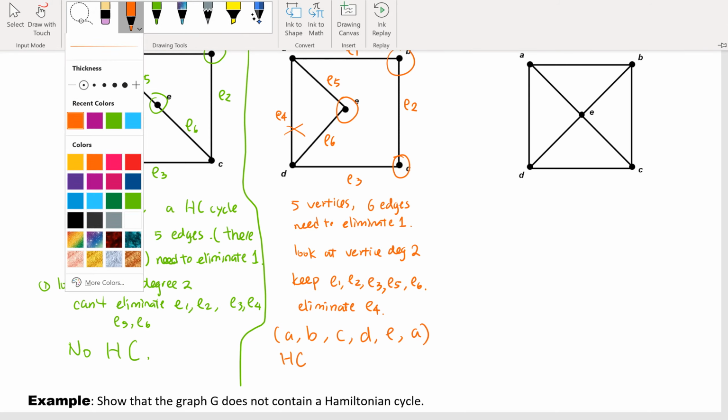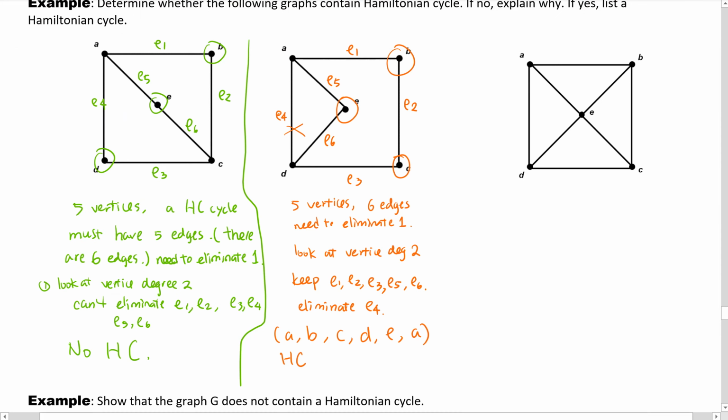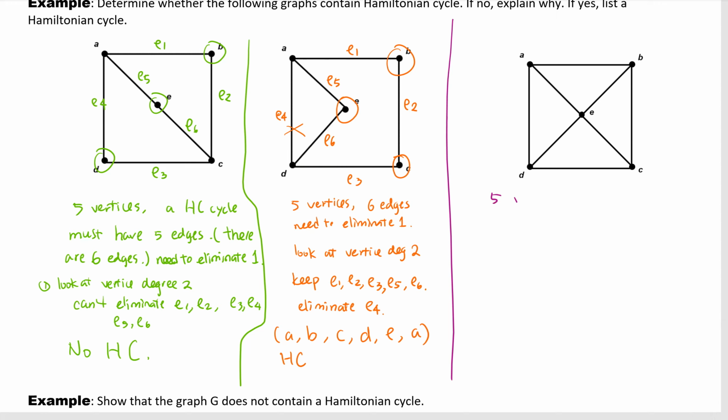Okay, let's continue. Let's change to another color here. Let's label it. Here we have 5 vertices, right? And we have 1, 2, 3, 4, 5, 6, 7, 8 edges. Can we find the Hamiltonian cycles? Yes, actually.